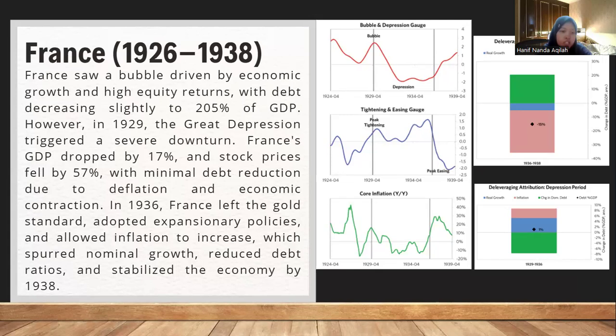In France, GDP dropped by 70% and stock prices fell by 57%. It's quite a big number, okay, with minimal debt reduction due to deflation and economic contraction. Then in 1936, France left the gold standard, which spurred nominal growth and reduced debt ratios, and then in 1938, France stabilized the economy.